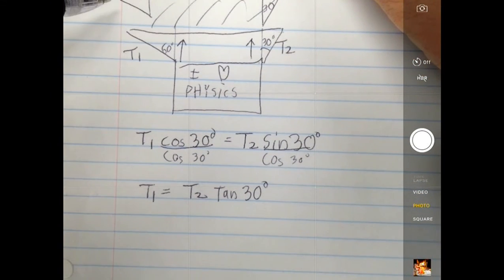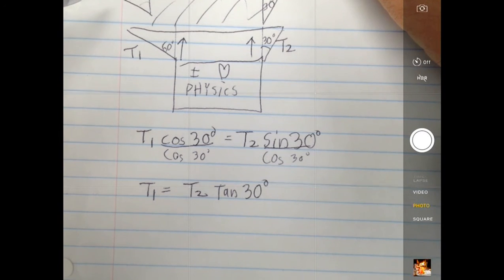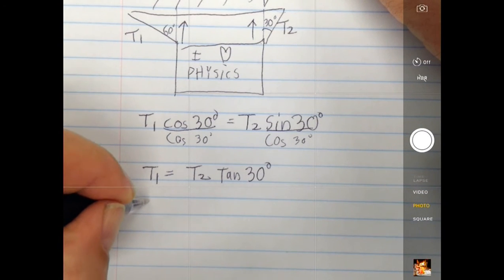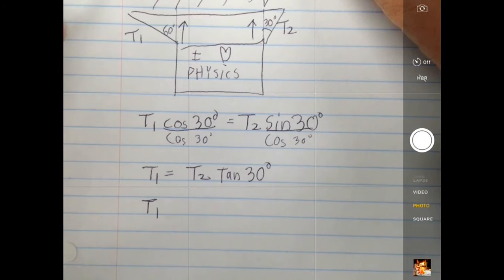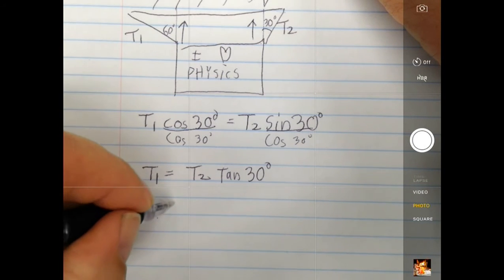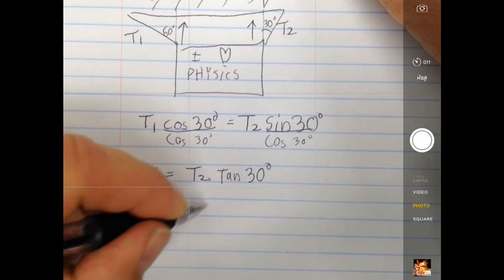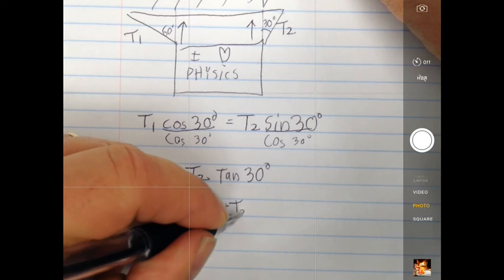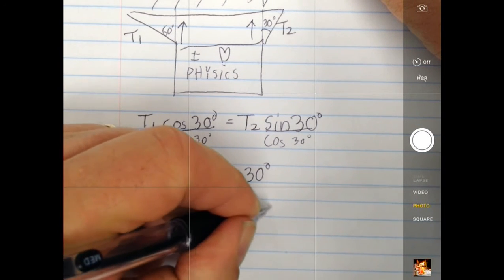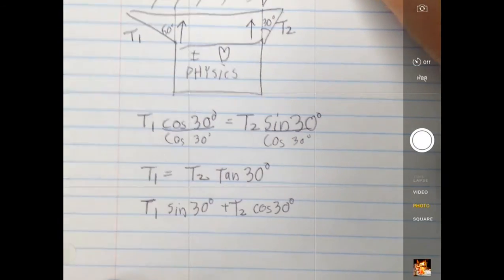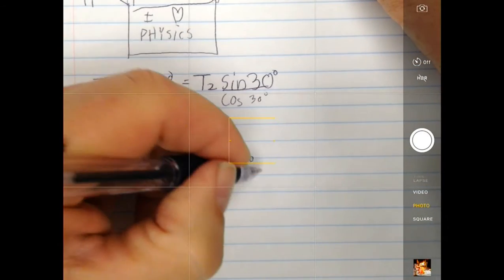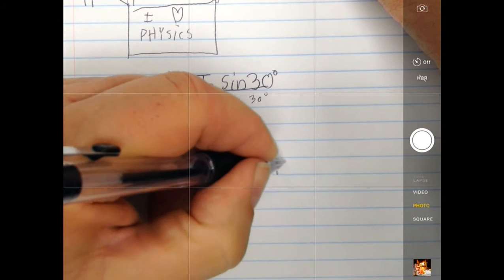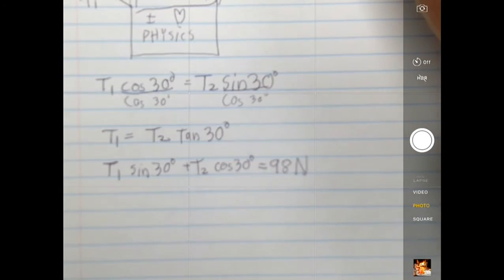Therefore, T1 times the sine of 30 degrees plus T2 times the cosine of 30 degrees still has to add up to 98 total newtons.